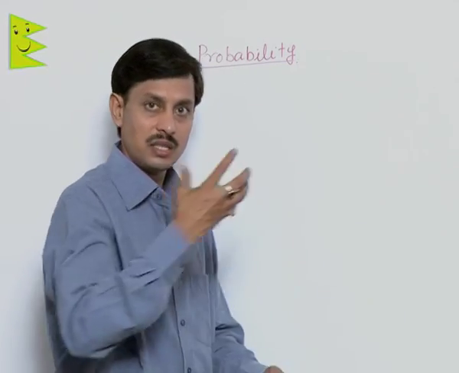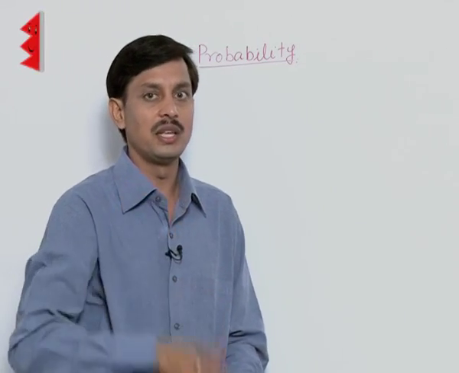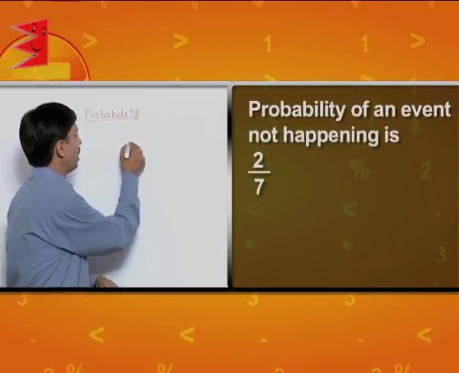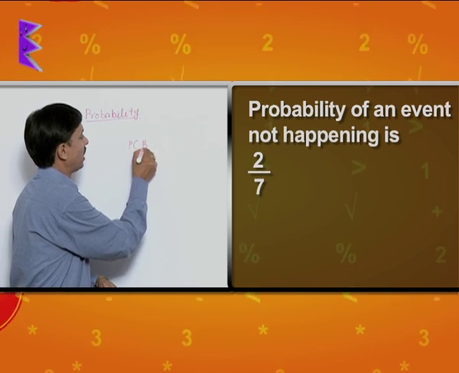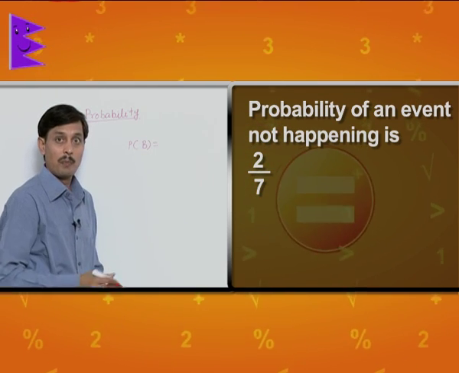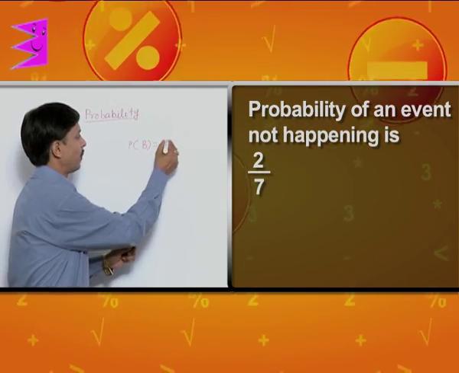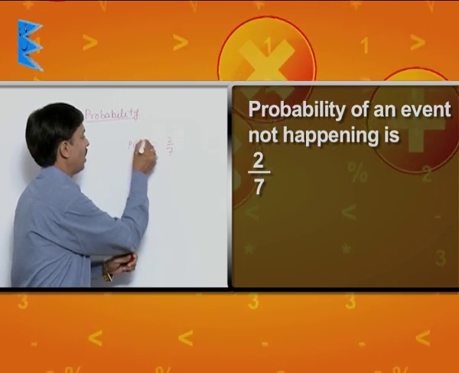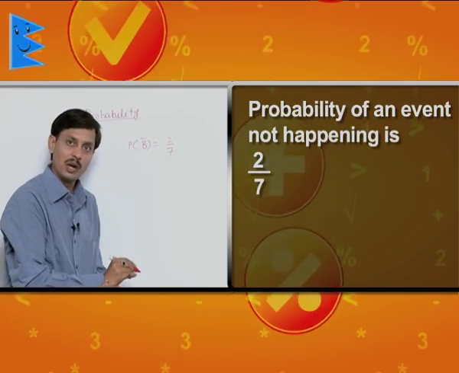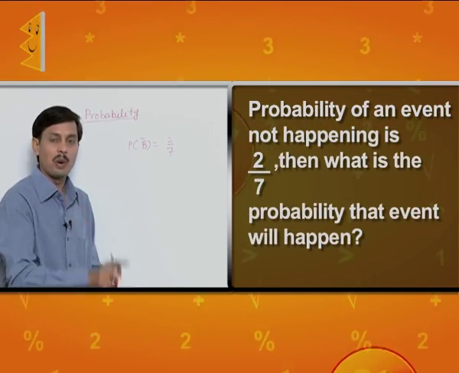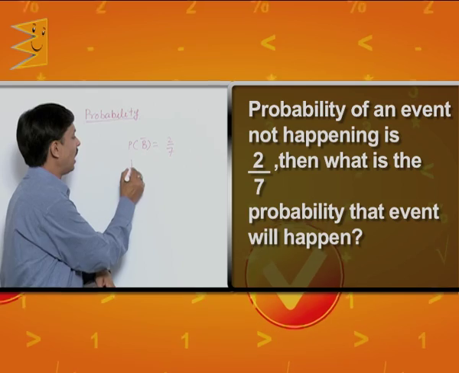Suppose the question gives that the probability of not happening of an event is 2 by 7. Not happening, that is the probability of B bar. What is the probability that the event will happen?